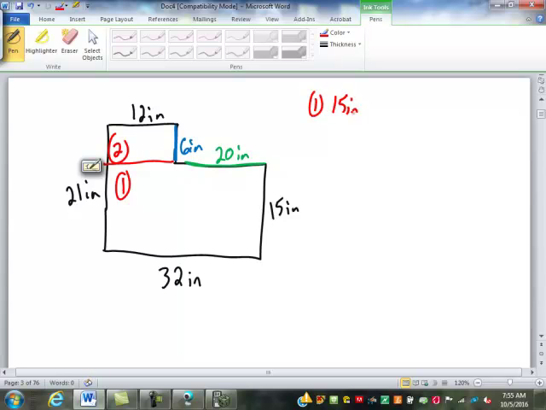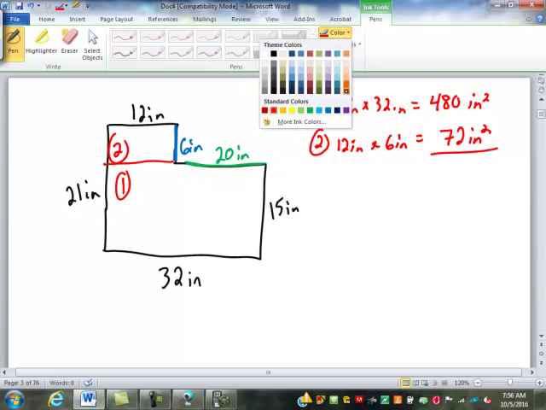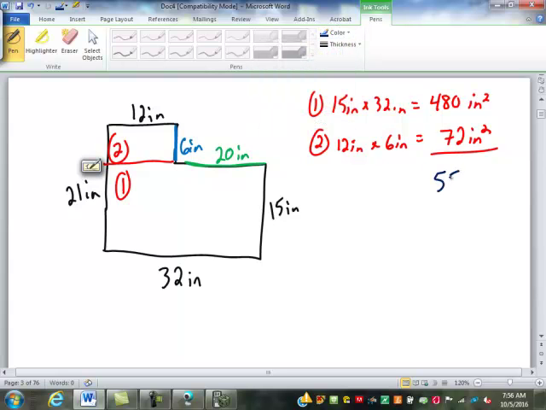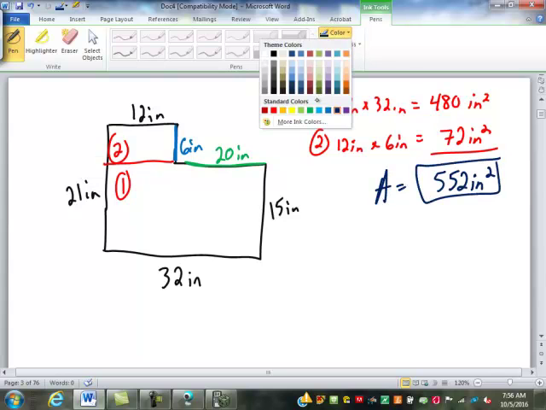It is 15 by 32, otherwise known as 480 square inches. Piece 2, how do we find its area? 12 times 6, otherwise known as 72 square inches. So we add those up, we get 552 square inches. What's another way we could have done that?